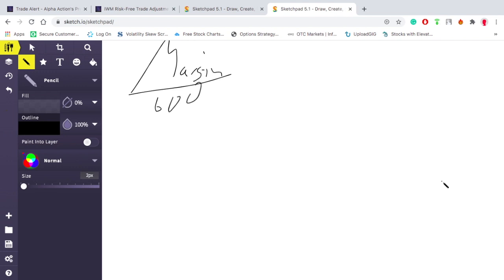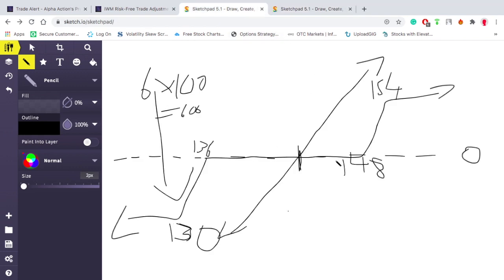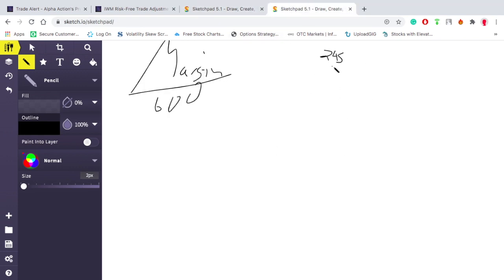Other than that, though, we have to worry about our cost basis. With our cost basis, we sold the 136 put for 245, and that's why we started losing money below that. We bought the 130 to cap off the risk, so we don't have that downside risk that keeps on going all the way down to zero. So 130, we bought it for 128.